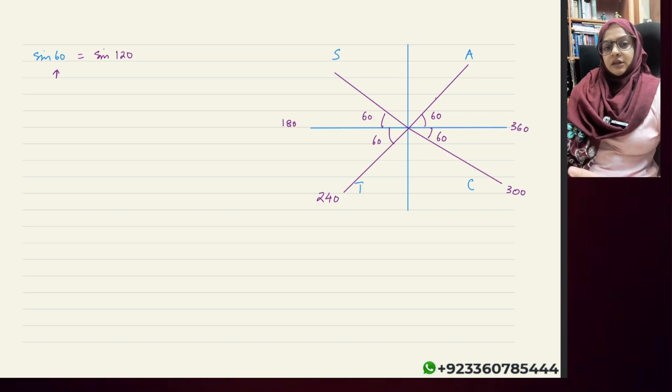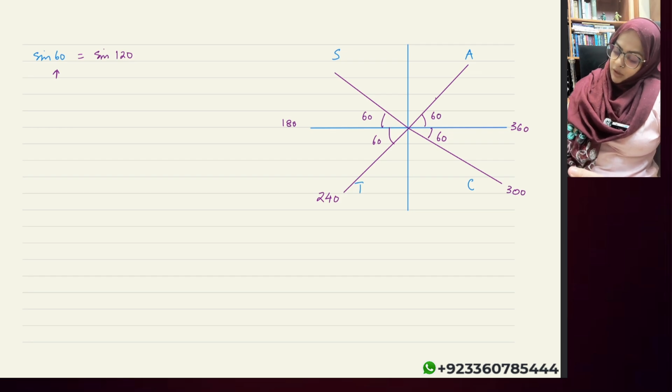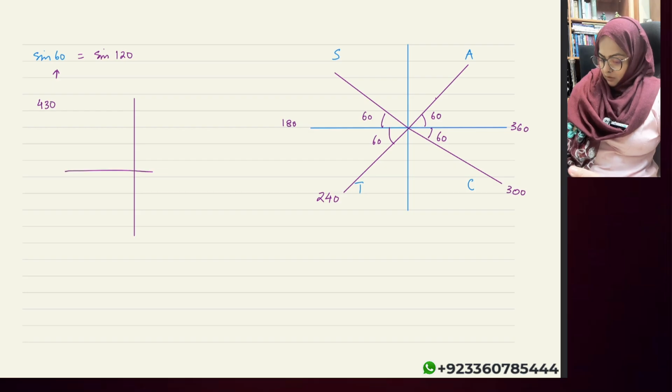But do we have angles greater than 360? Yes, we do have. For example, if we have angle 430 and we want to find out the base angle, so what is the base angle? We start from here, come till here, 360, and then we go further.